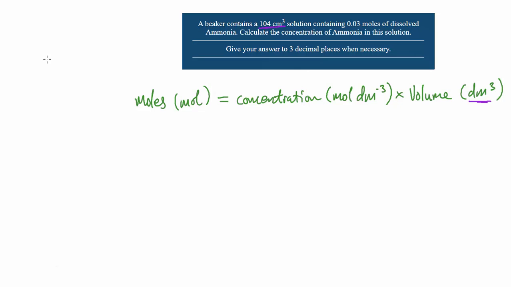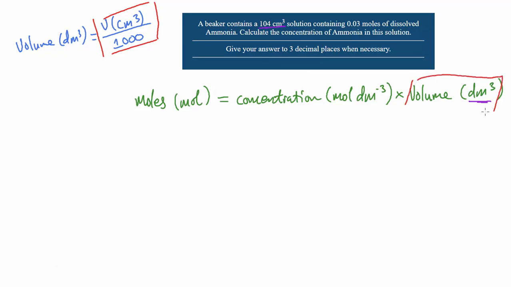If we represent that, effectively the volume in dm³ equals the volume, I'm just going to use V, the volume in cm³ divided by 1,000. So what I can do is substitute this value in for where we've got the volume stated here.